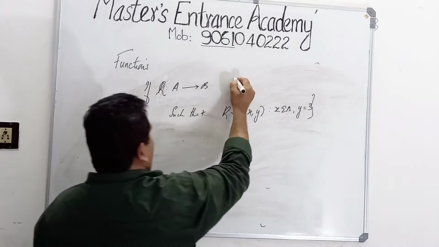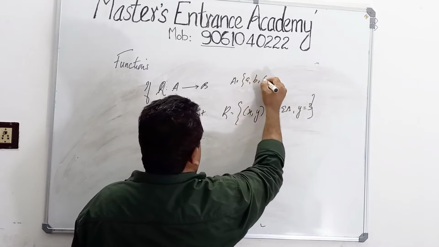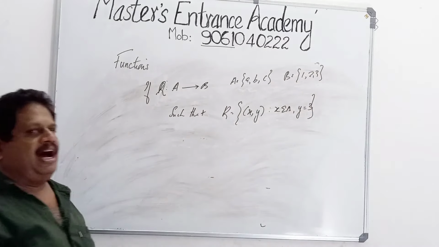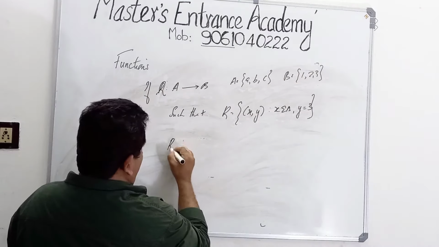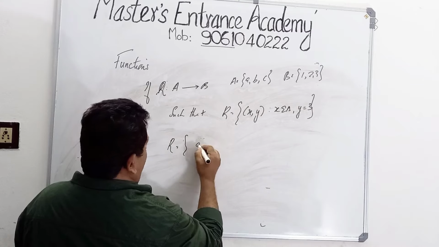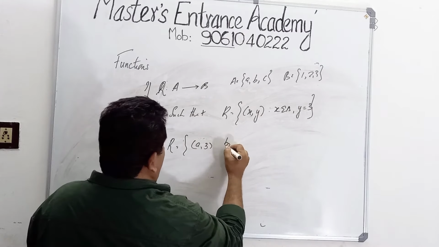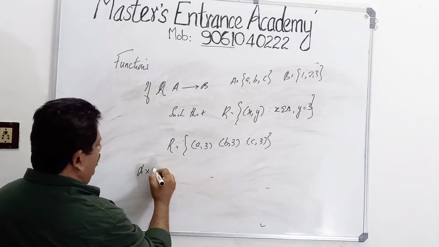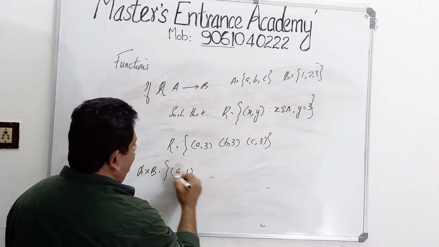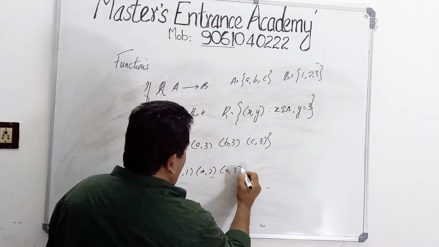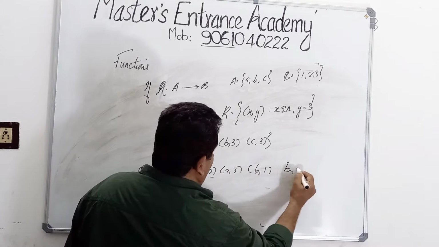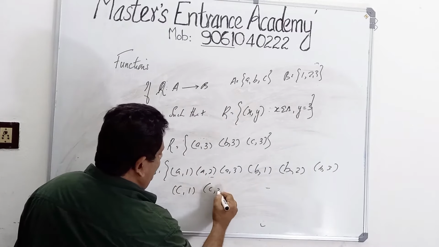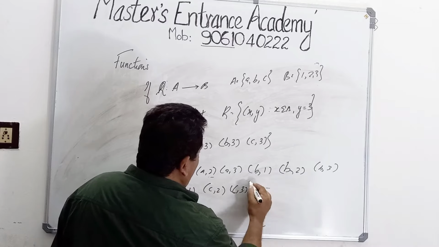And they have stated that A is equal to {A, B, C} and B is equal to {1, 2, 3}. How will you write R? R is equal to (A,3), (B,3) and (C,3). Now A cross B, all of you know it: (A,1), (A,2), (A,3), (B,1), (B,2), (B,3), (C,1), (C,2), (C,3).